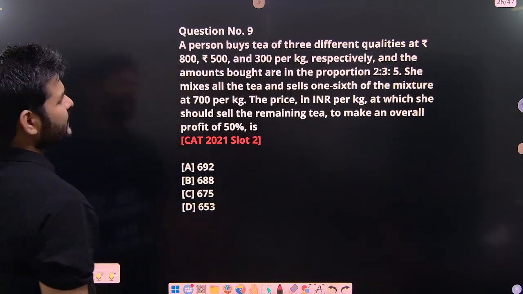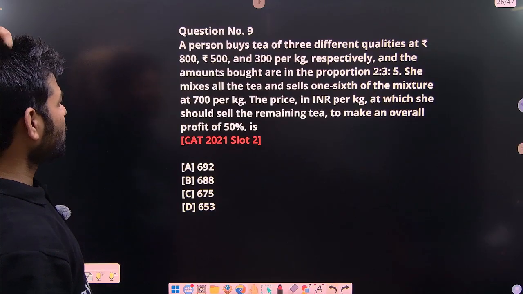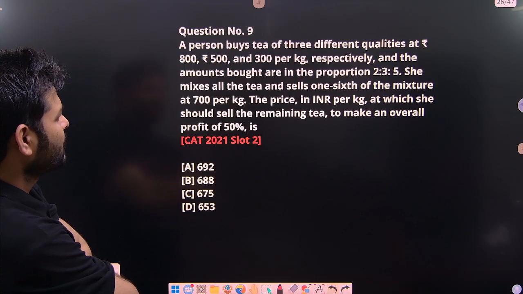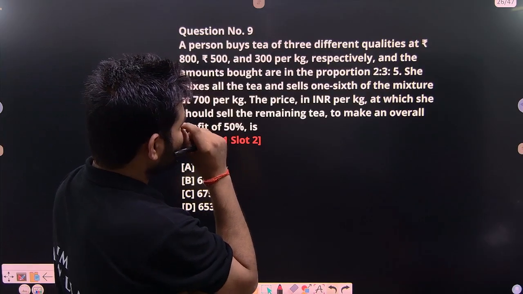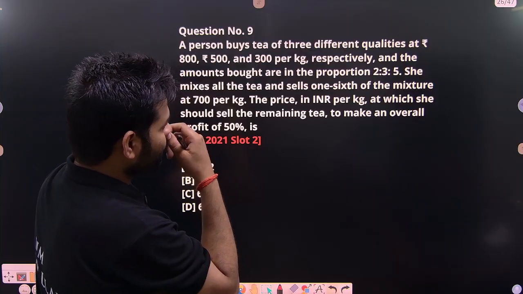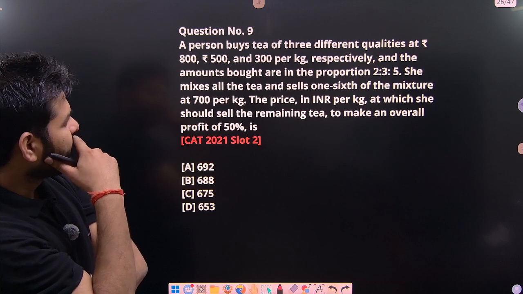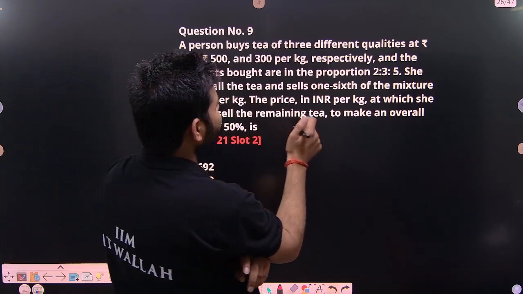A person buys tea of three different qualities at rupees 800, 500 and 300 per kg. So superior, middle and inferior, and the amounts bought are in the proportion.